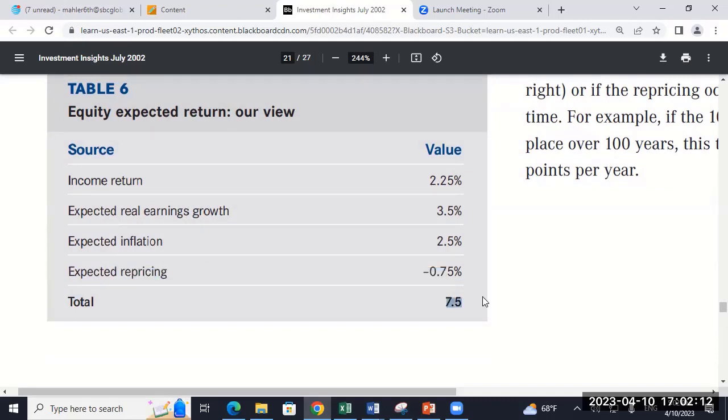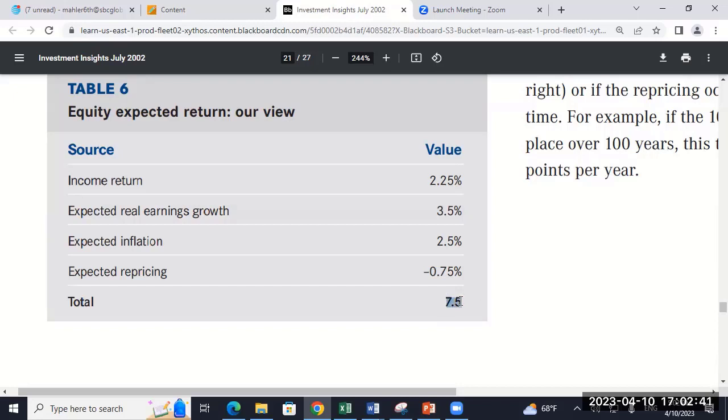So they're saying we should use this in pricing stocks. Well, essentially what they're saying is the stock market's overvalued. So we need to reduce our expected return by that. Well, if you think the stock market's overvalued, but you use 7.5% and the value stocks, you're going to discover that the stocks aren't overvalued because you're using too low of a discount rate. What discount rate should you use?